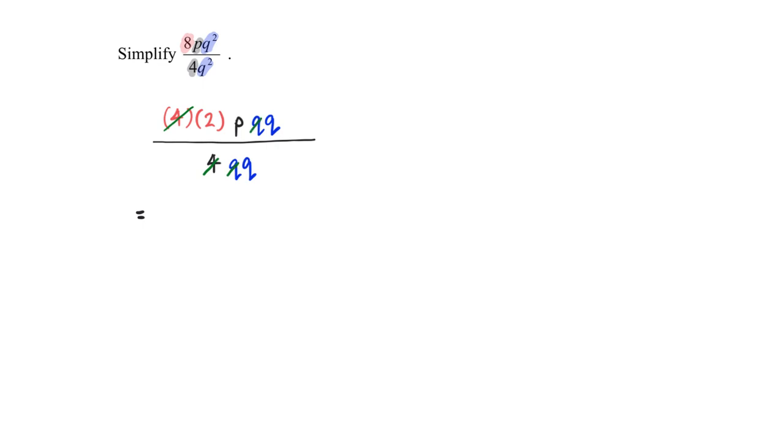Q divided by Q is 1. Q divided by Q is 1. And final answer, I'm left with 2 times P to P, because the denominator would have been over 1. 2P over 1 is still 2P. Right, let's move on to the next question.